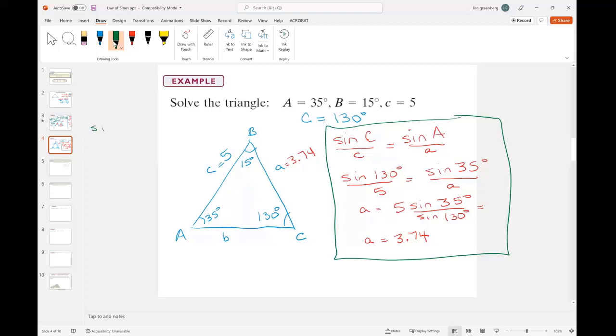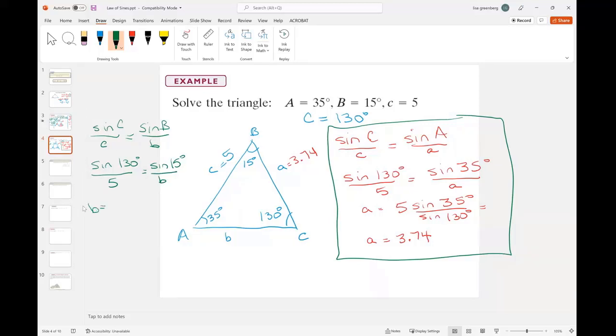So I have the sine of C over C equals the sine of B over B. I'll just write it out. So again, I have the sine of 130 degrees divided by 5 is equal to the sine of 15 degrees over B. And that means that B is going to equal 5 sine of 15 degrees divided by the sine of 130 degrees.